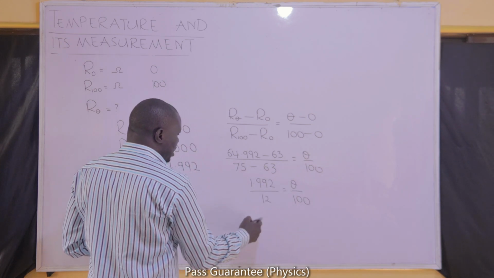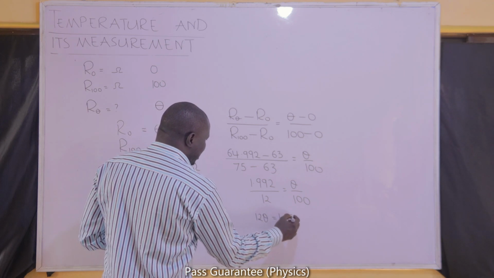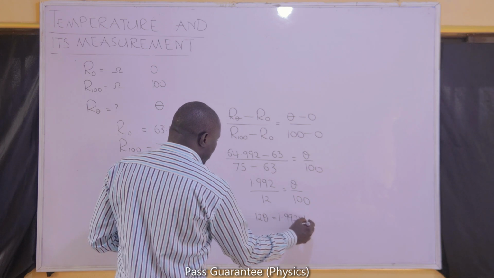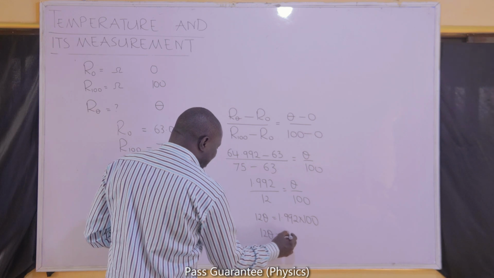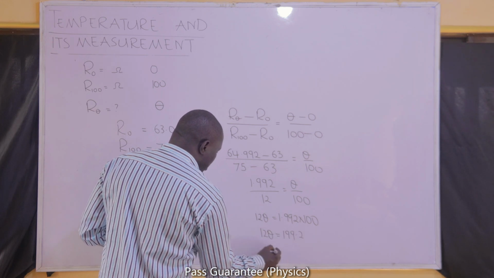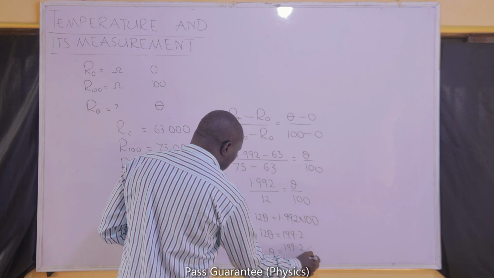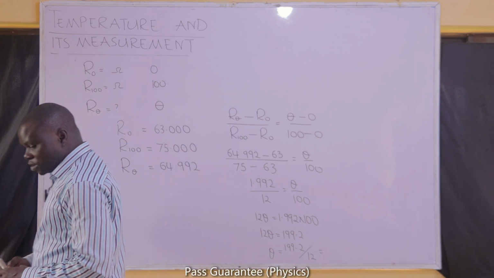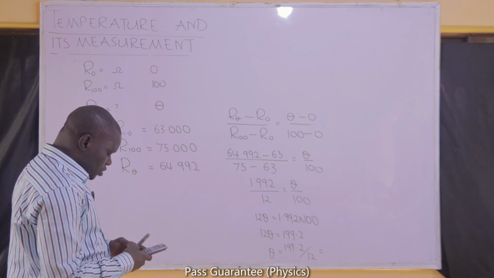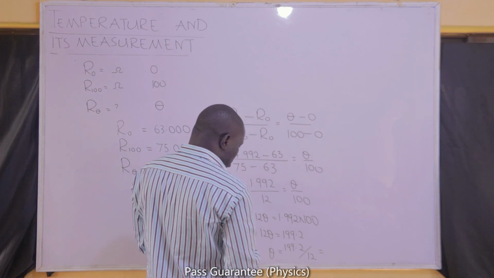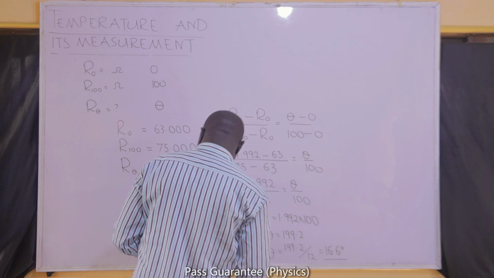If we cross multiply, we have 12 theta is equal to 1.992 times 100, that is 12 theta is equal to 199.2. It means that theta will be 199.2 divided by 12, which should give us 16.6. It means for this question, the room temperature is 16.6 degrees Celsius.